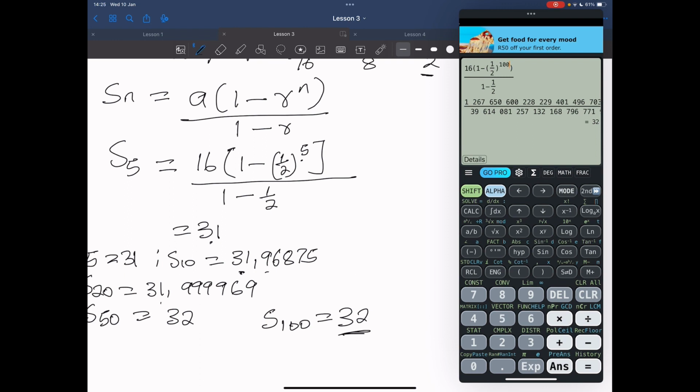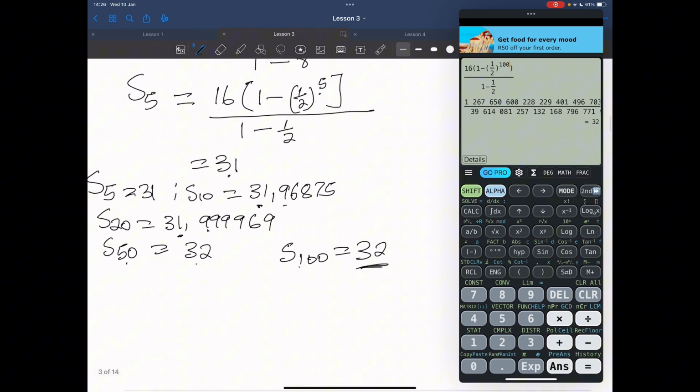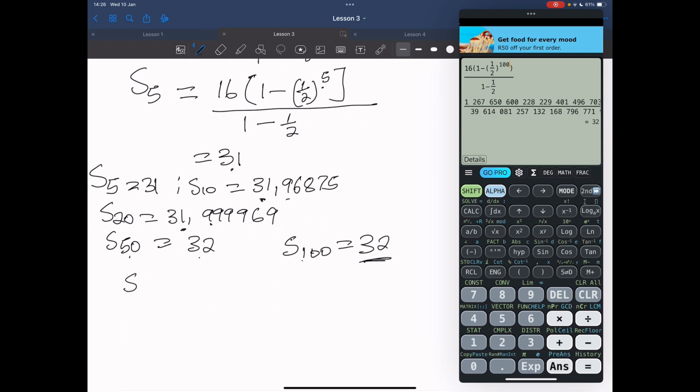Sum 20 was 31.999, which is closer to 32. And then sum 50 is exactly 32. Sum 100 is exactly 32. Okay, let's look at sum 1000 to prove our point here. So now we are going to look at what happens when we add 1000 terms. So we are just going to put 1000 there. So can you see it's also giving us 32.